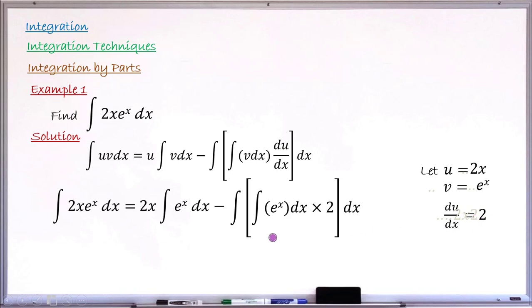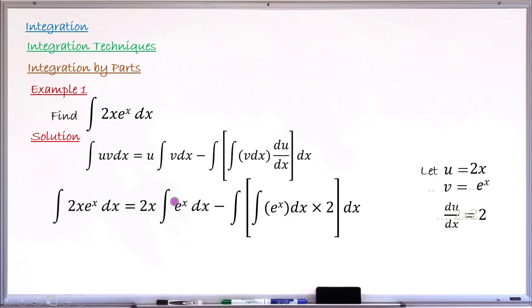So I'll continue. What I'm going to do now is to find this integral and this integral inside the bracket. Integral of an exponential function: remember, the coefficient of x will become 1 over that coefficient, then multiplied by the exponential function. So the integral of e raised to x here is nothing but e raised to x because the coefficient here is 1.